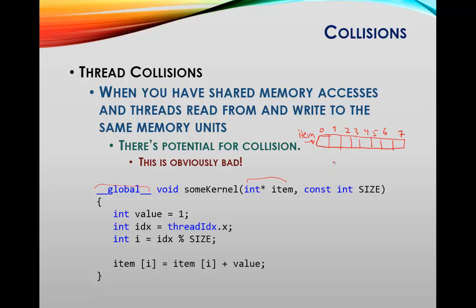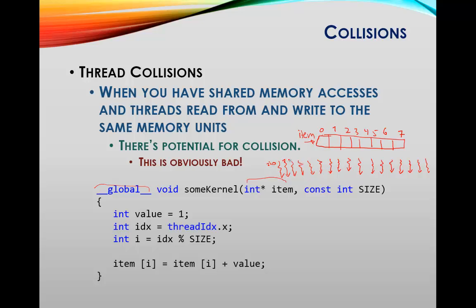So let's say that I'm running, I don't know, like 200 threads, right? So I have a bunch of threads, and each of these threads will have a thread index, right? Then what I'm going to do is assign each of these thread indexes and have them calculate the modulus of their own index number by the size of my array. So thread number 0 is going to have i equals 0.